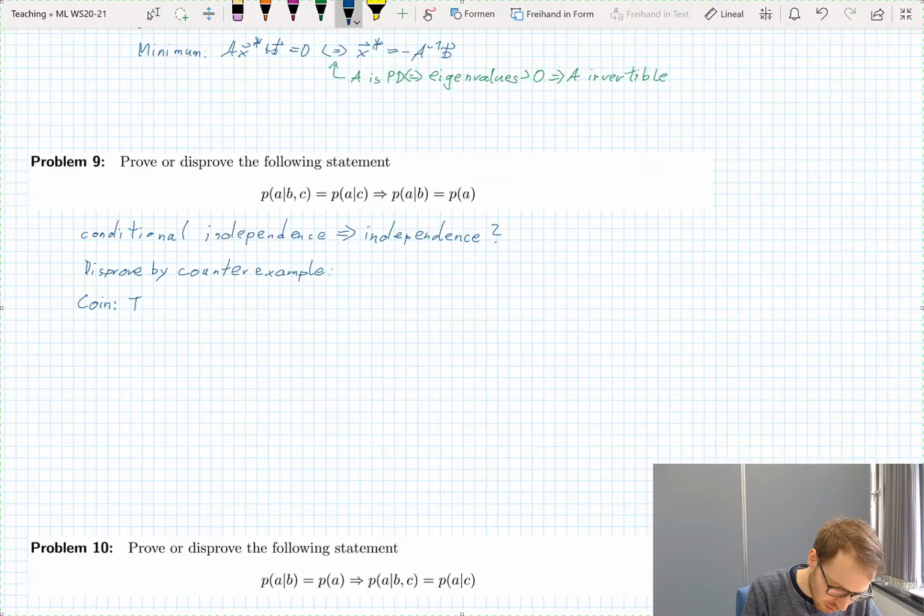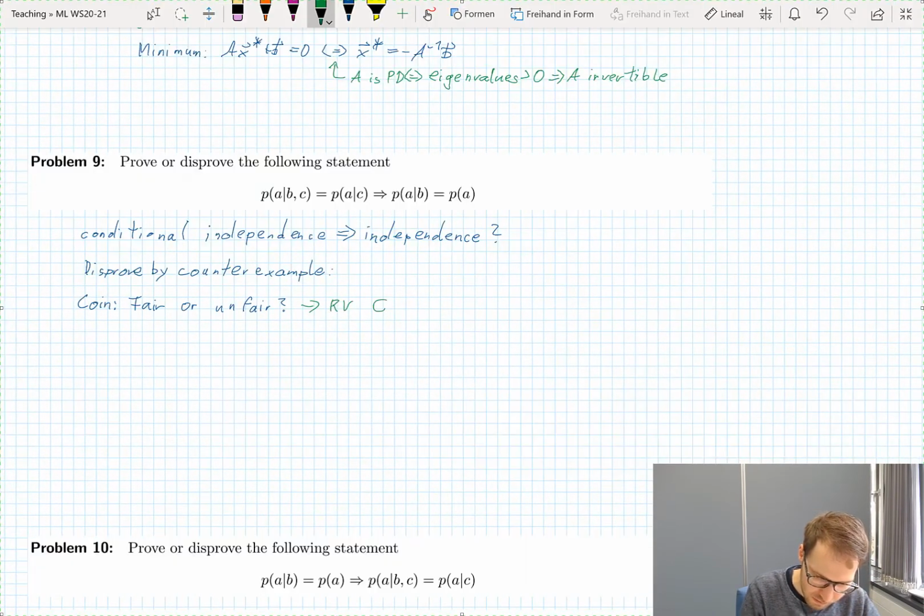So it can be either fair or unfair. This is denoted by the random variable C. Okay, what is a fair coin?